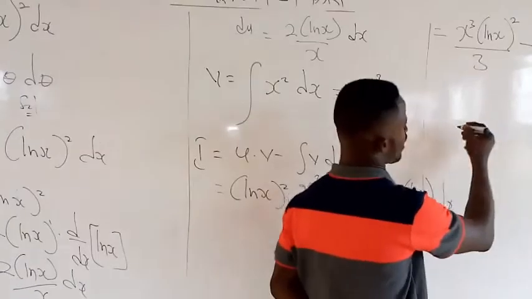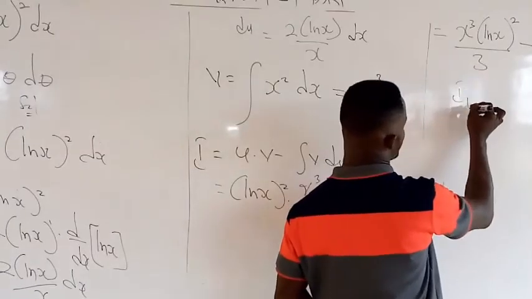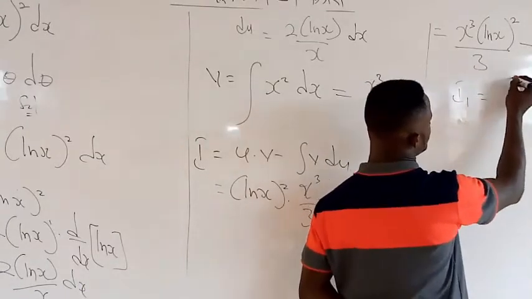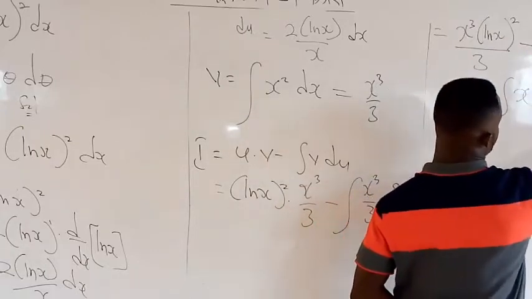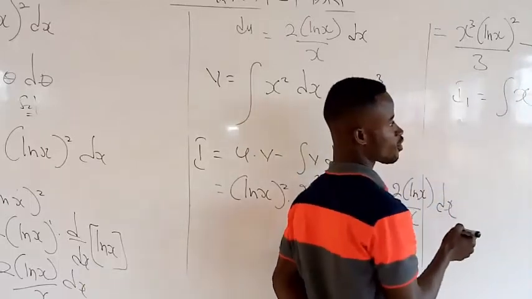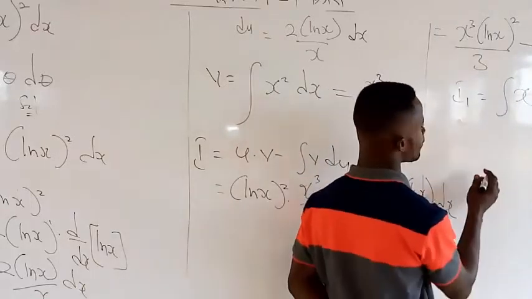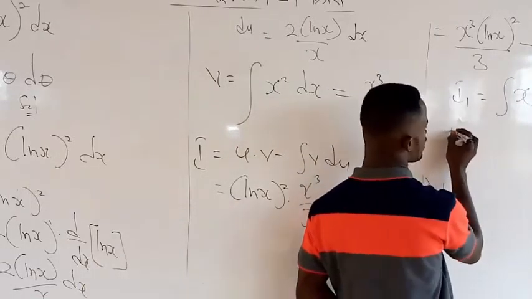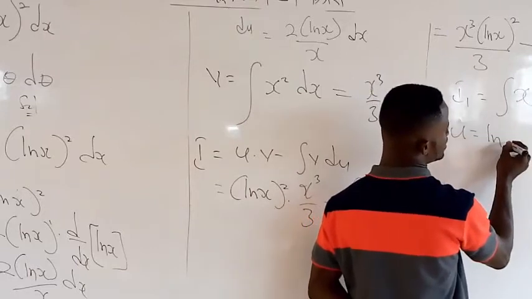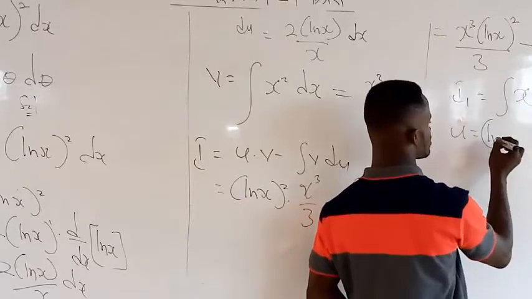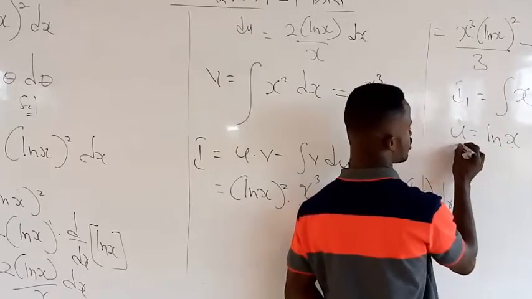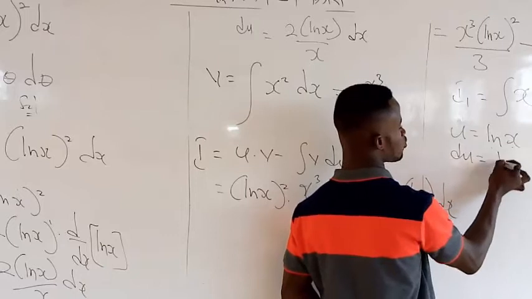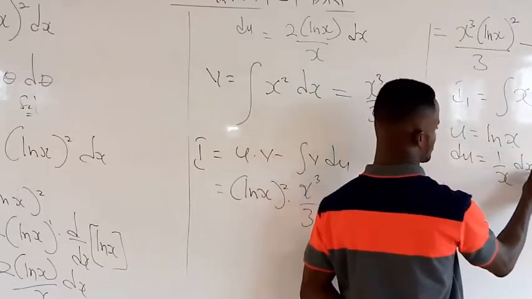So from what we have, I1 is equal to integral of s squared ln s ds. Okay. So our u now is just ln s. So du is equal to 1 over s ds.